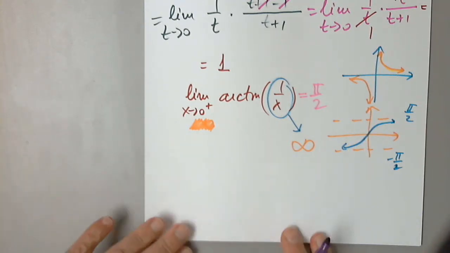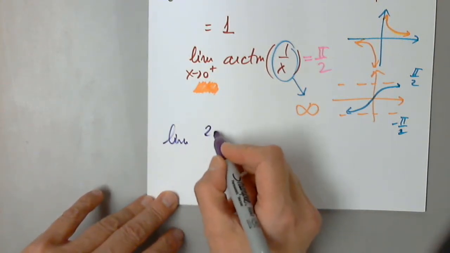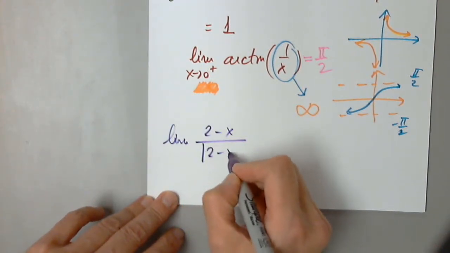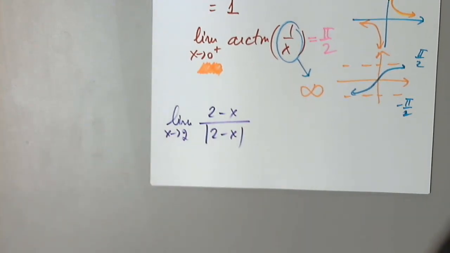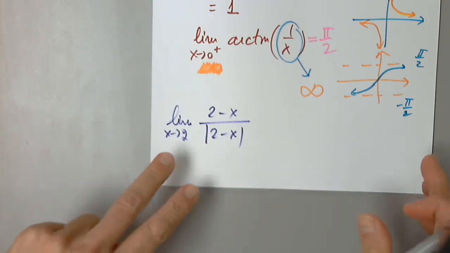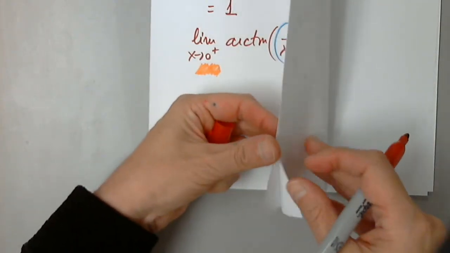I think we did this one in class, but let me know if we need to do it again. I don't mind. Yes or no? Yeah. Yes, very good. So let's start with the absolute value, of course.